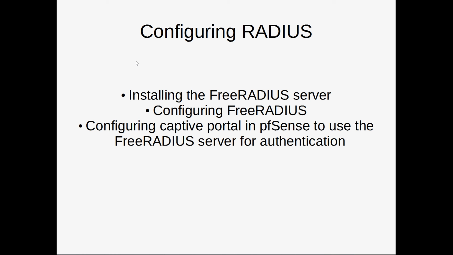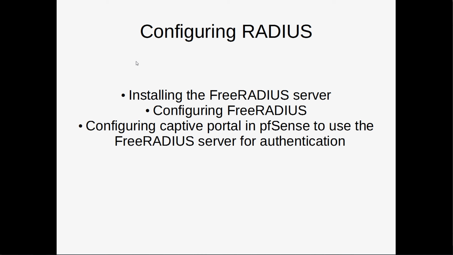So I'm going to put the FreeRADIUS server in the DMZ network and set it up so that pfSense has access to the Radius server, but the captive portal network doesn't have access to it.